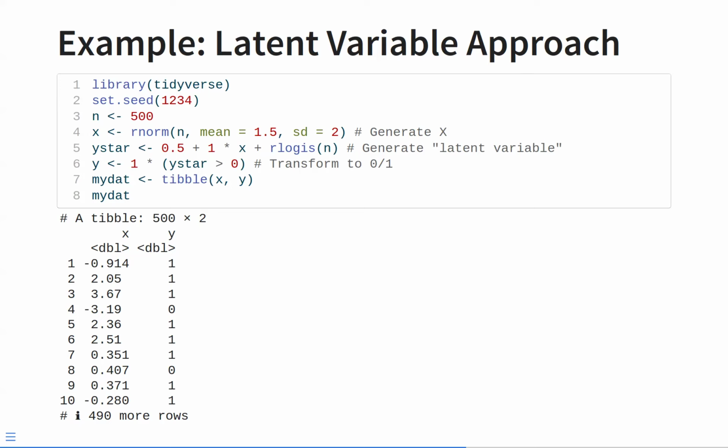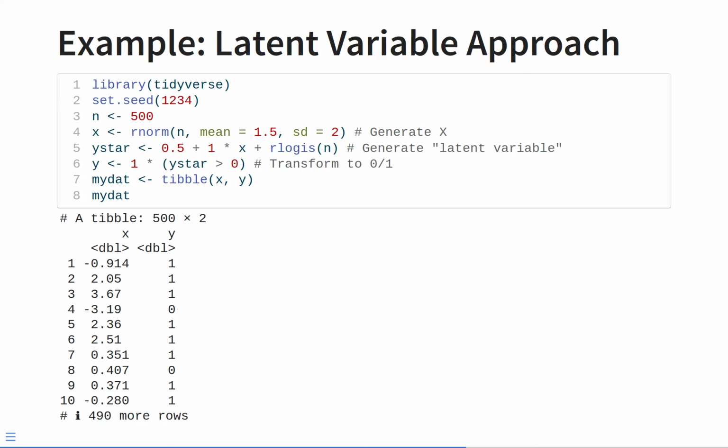I just decided to make draws from a normal distribution. And I gave that normal distribution a mean of 1.5 and a standard deviation of 2. It's always important to remember that when we use the rnorm command to generate random draws, we're specifying the standard deviation, not the variance. So you can see that in line 4 of the code block. The next thing I'm going to do is generate y star.